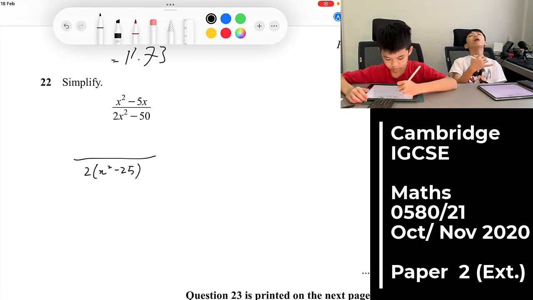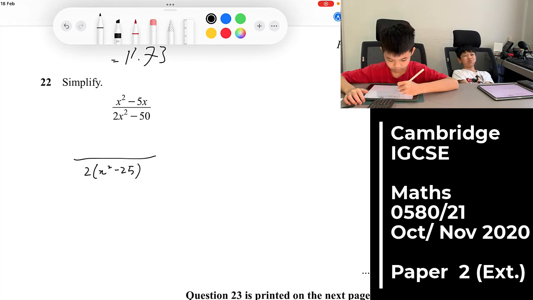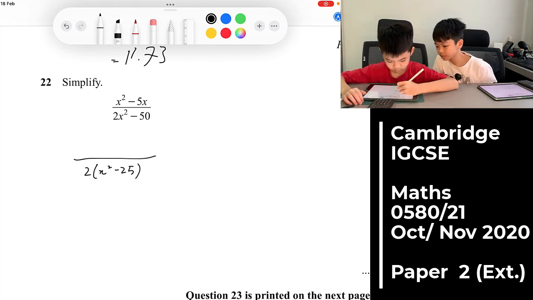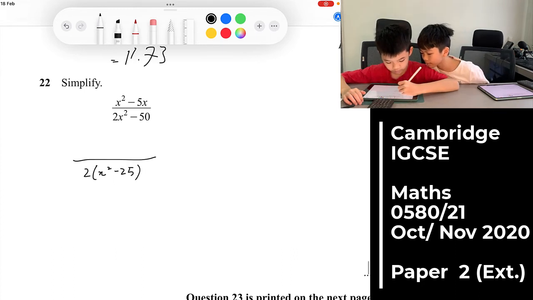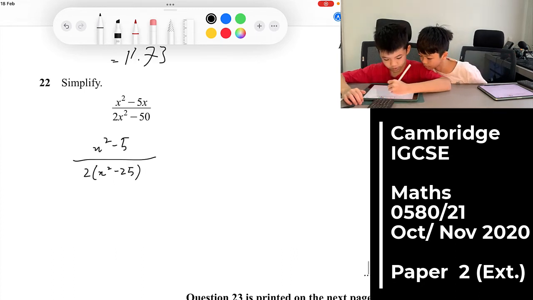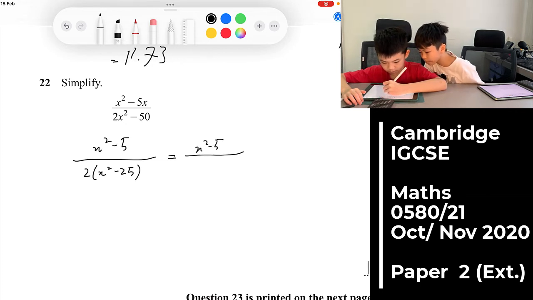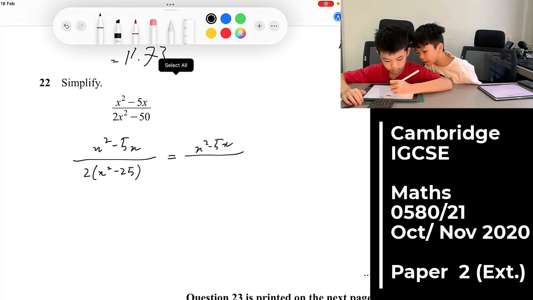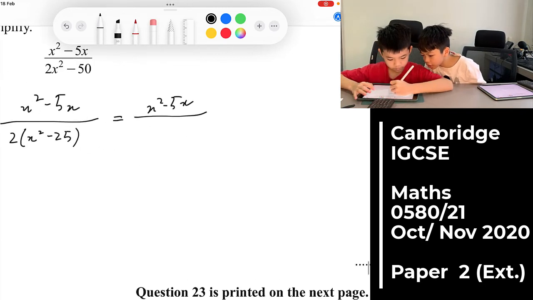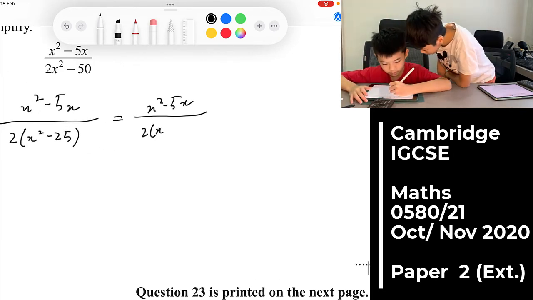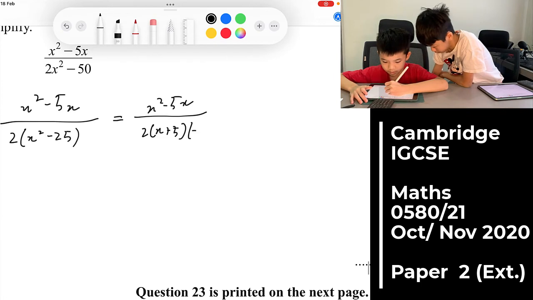Which is equal to 2 times x plus 5, x minus 5.